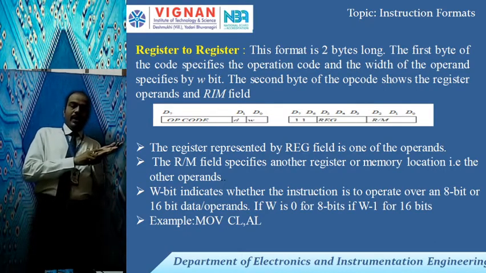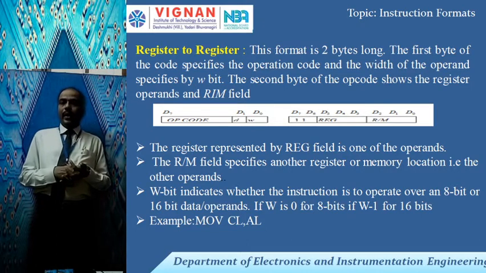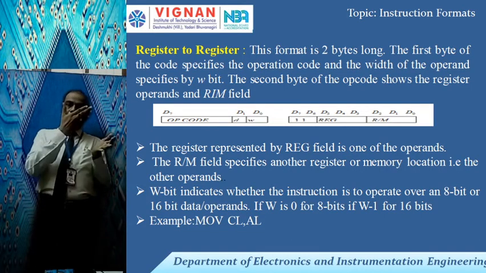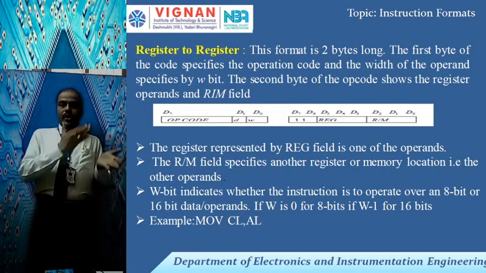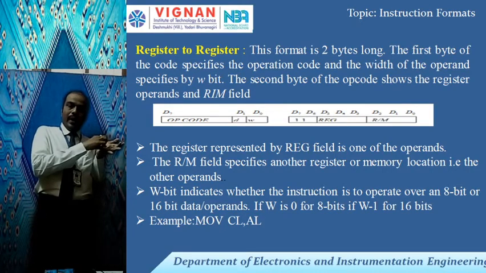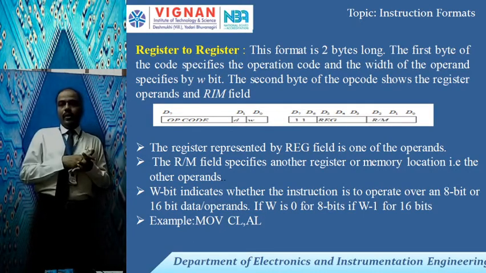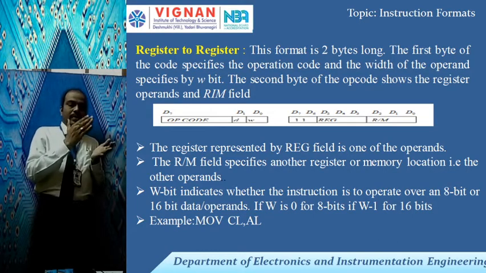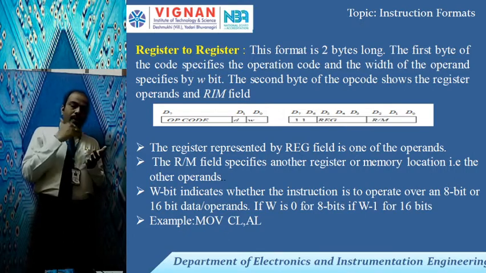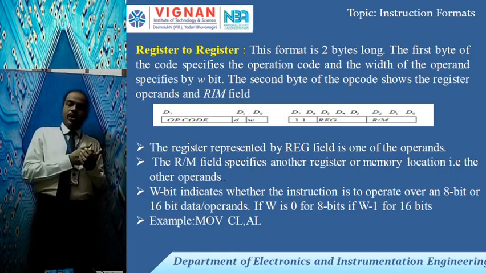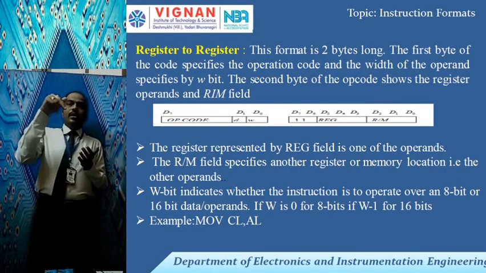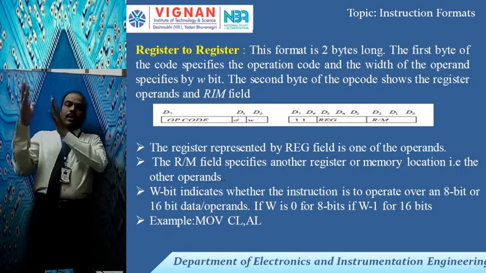The second byte shows the register operand and the R/M field, that is, a register or some memory field.